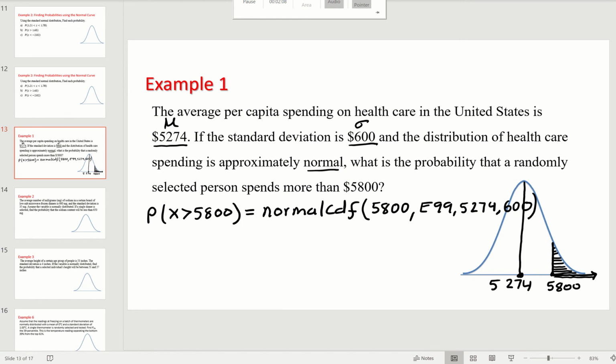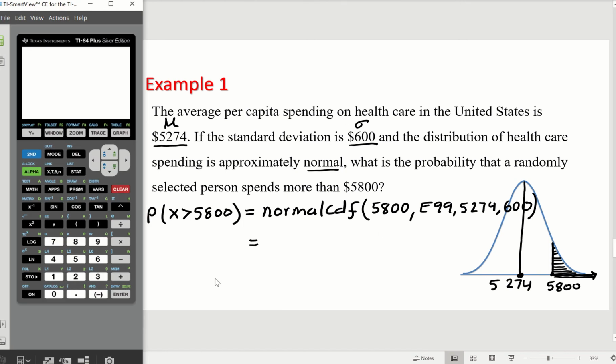In order to find this value, we use our calculator. So if you go to your calculator, then second vars and number 2, your lower end for the area is 5,800. The upper end is infinity, that is E99.